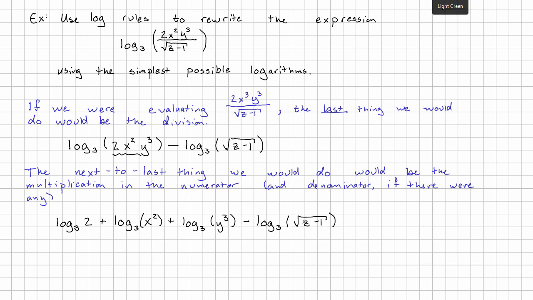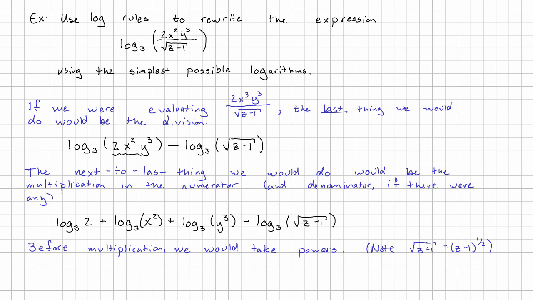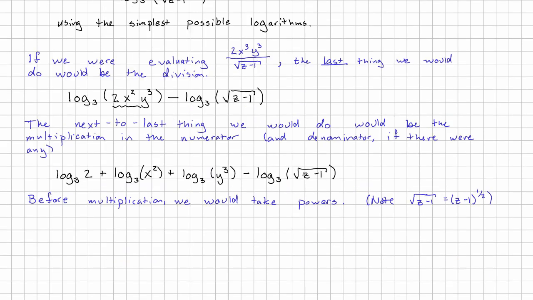Before the multiplication, we would actually take powers. Now notice that that square root is actually a power. That's actually an exponent 1/2. So we might rewrite that at any time.